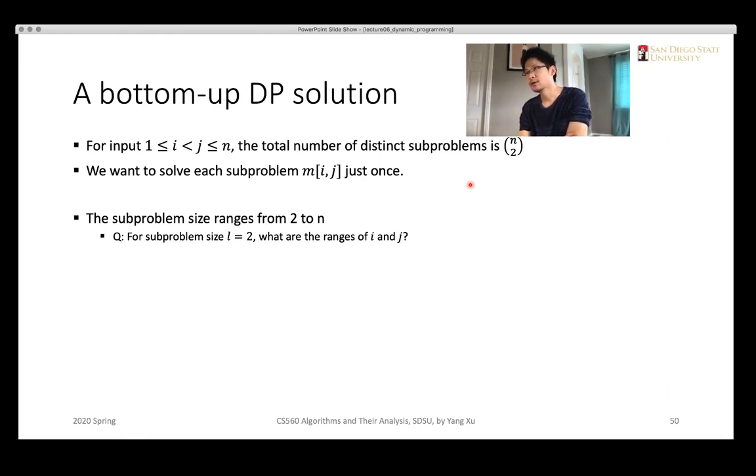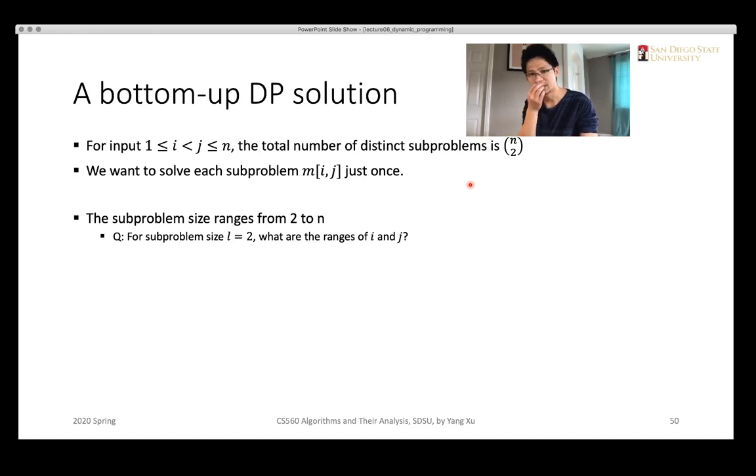In order to solve all the subproblems of size 2, you need to use a loop to iterate over all of them. In order to define a for loop, you need to know the starting index and the ending index.